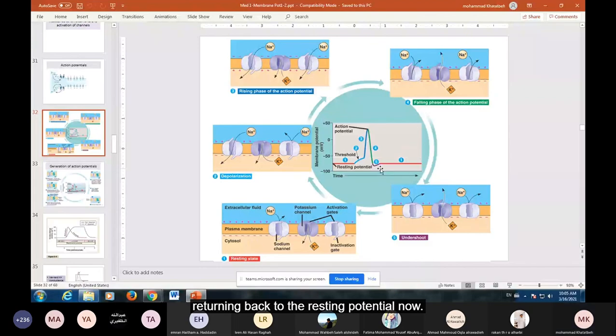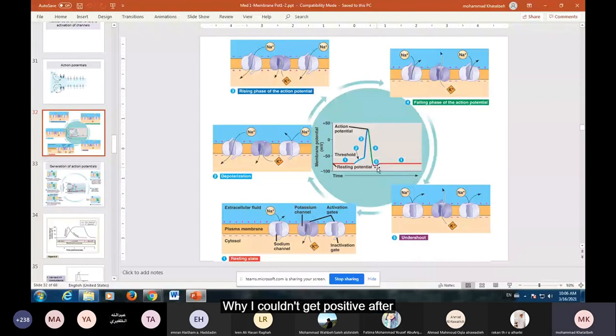Now, you can also record another wave here, which is phase 5, which is a more negative potential than the resting membrane potential. And that phase is called the after hyperpolarization phase. In some literature, they call it the positive after potential.